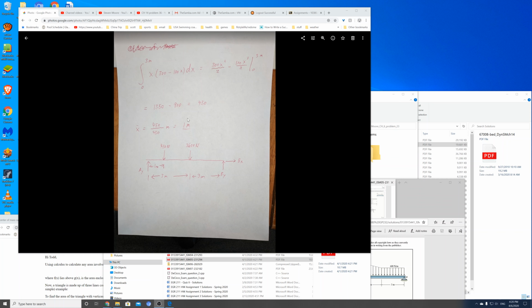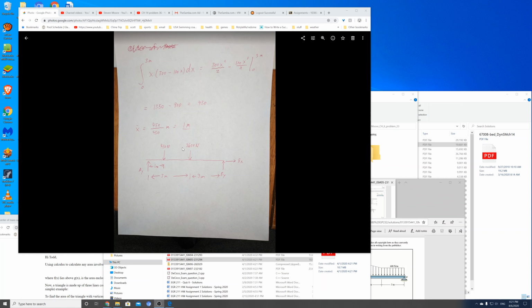Okay. Well, our final step, of course, this just gives us the numerator. So the numerator is 450, and the denominator, what we previously found was the area, is also 450. So our position for the center of mass is going to be essentially 1 meter from the initial part. And the force acting is 450 newtons, which was essentially the denominator from this equation.